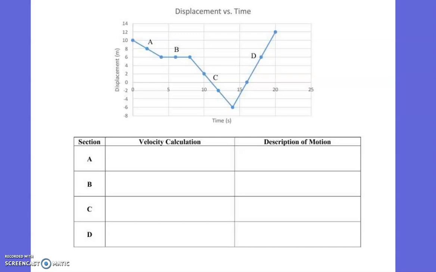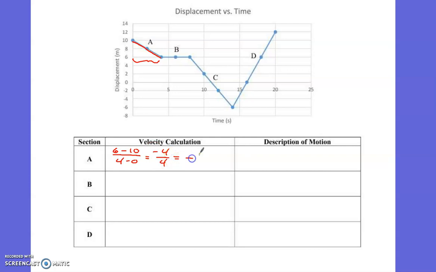Okay, let's go over these calculations. For part A, we have that the line went down from 10 to 6. And we have the line went over from 0 to 4. So it went down by 4 and over by 4.